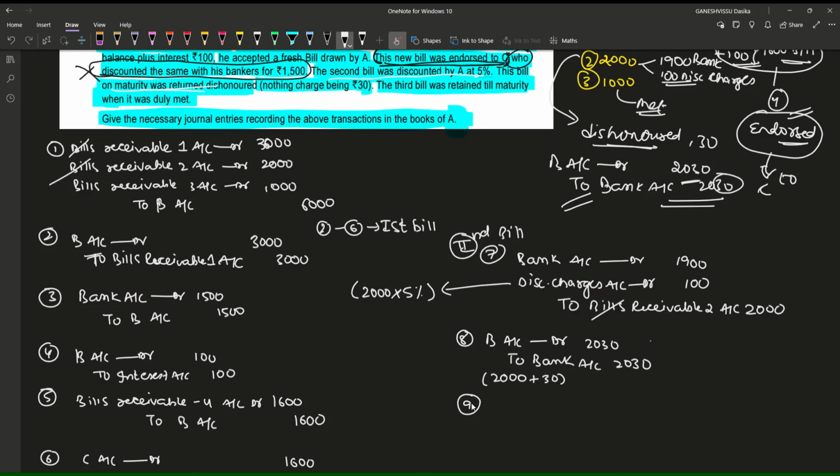This is the 8th entry, and the 9th entry would be: the third bill was retained with A only. The third bill was met on the due date.